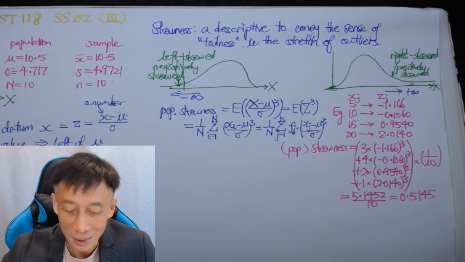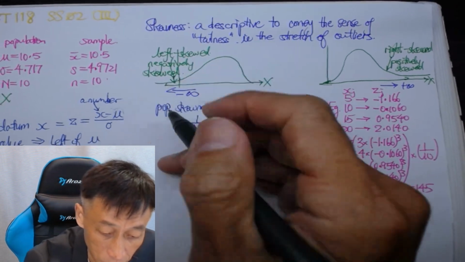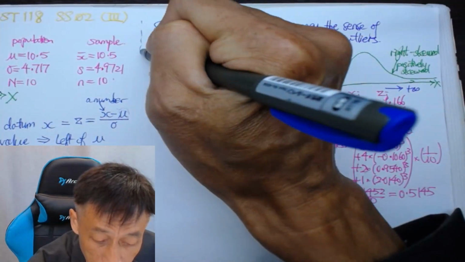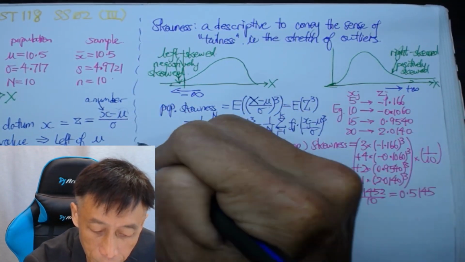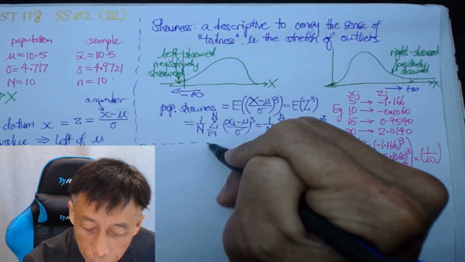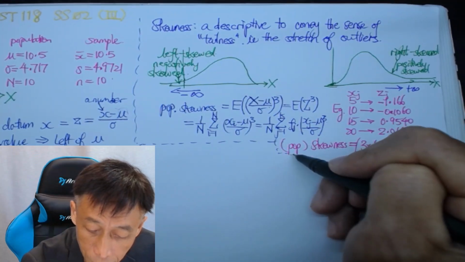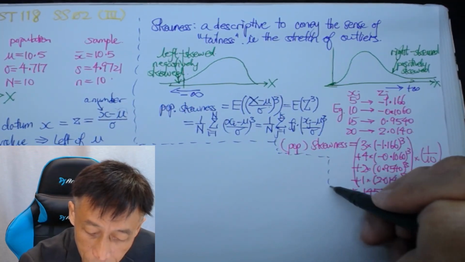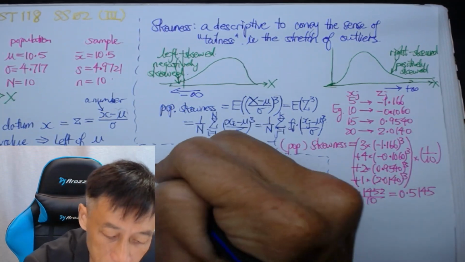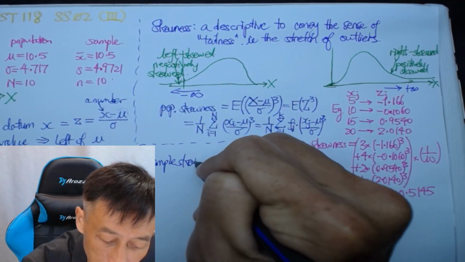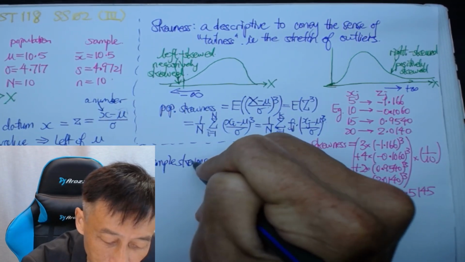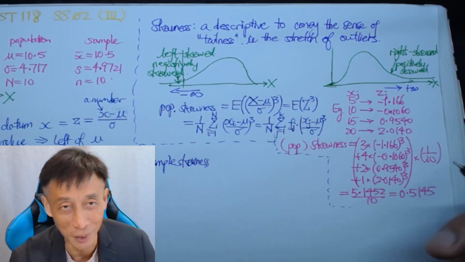Okay, what about sample skewness? So let's draw a divider. Okay, sample skewness. Sample skewness, just like variance, we encountered some difficulty, right?